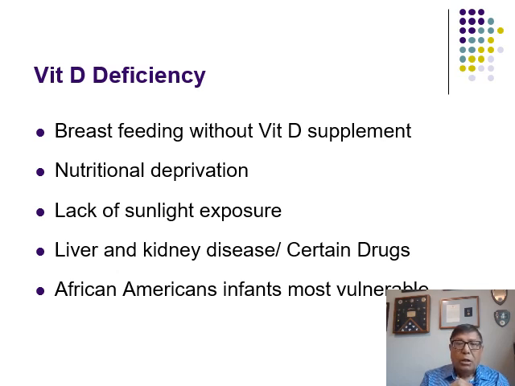Obviously, in developing or underdeveloped countries, nutrition is a big problem, and overcooking also destroys the vitamin D. So nutritional deprivation comes in various ways. And then another, lack of sunlight exposure.